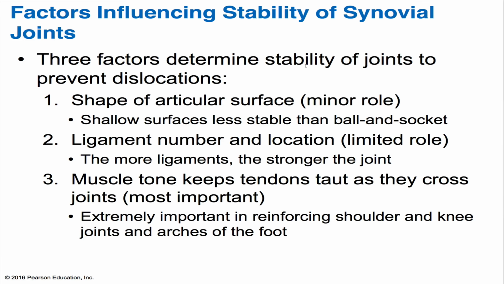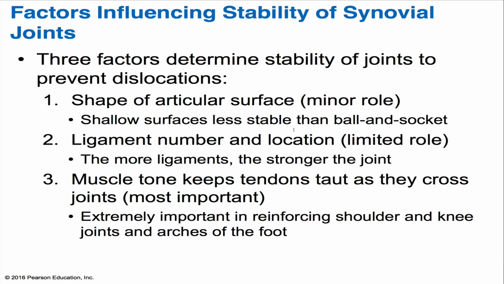Generally speaking, the more shallow the surface is, the less stable it is. Whenever we have larger articular surfaces that fit snugly together, or when you have deep sockets, as we do in the example of a ball and socket joint, these are the best and most stable type of joints.